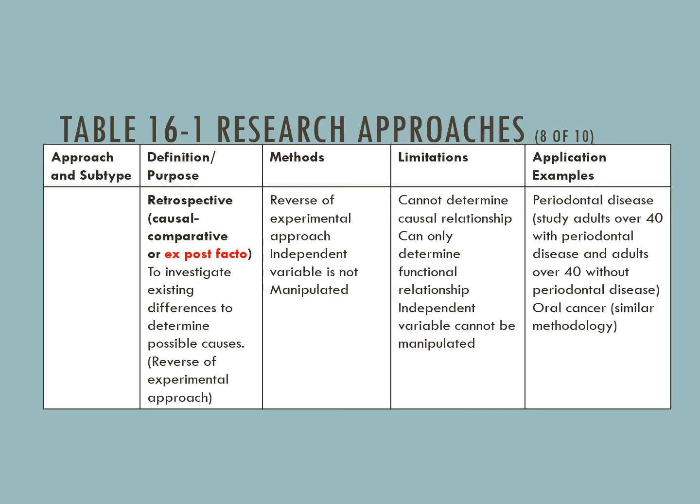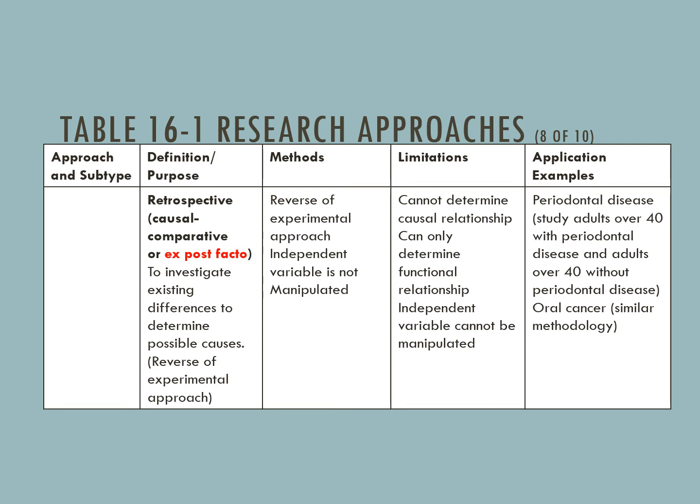We're like detectives working. The method for this is that we reverse the experimental approach with the independent variable not being manipulated. Yes, there is an independent variable present, but we're looking at the dependent variable and seeing, what were the factors that played a role in this dependent variable having this outcome. The limitation is that we can't determine causal relationships.